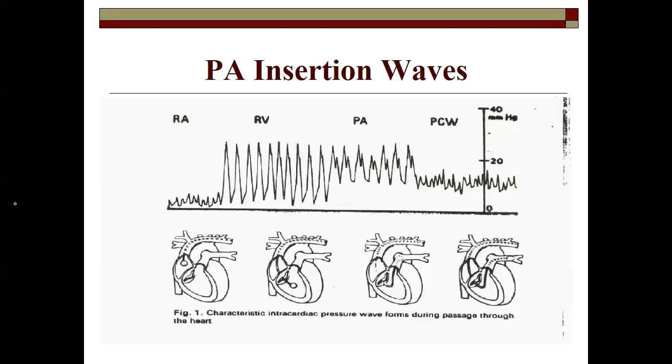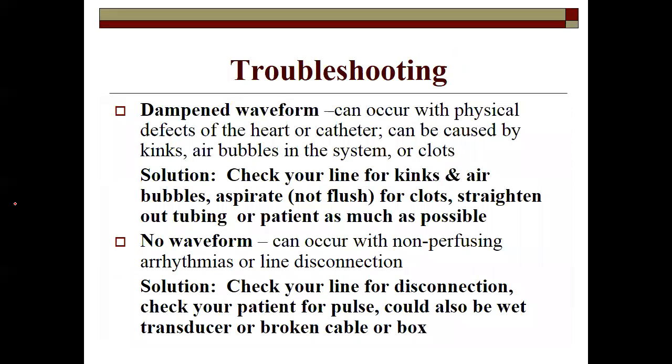If you suspect there's air in there, if you have a problem with the waveform, the dampened waveform, don't just flush it to the patient, because if there's air in there, we don't want to do that. Whichever line your transducer is hooked to, we usually do this with heparinized saline. You'll have a pressure bag that usually has heparinized saline.